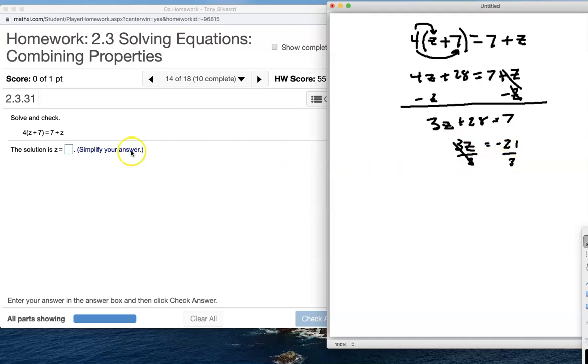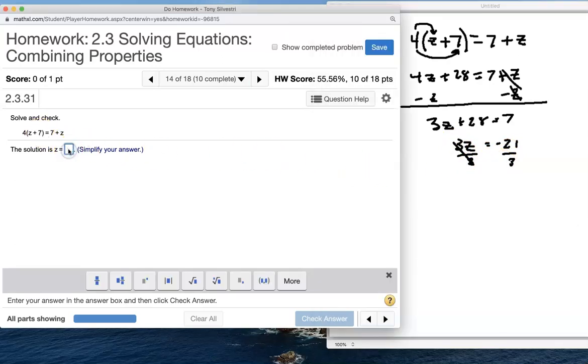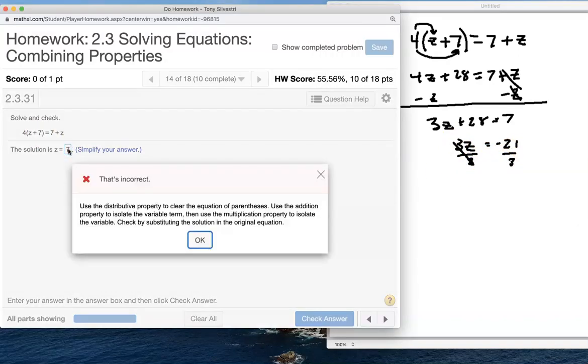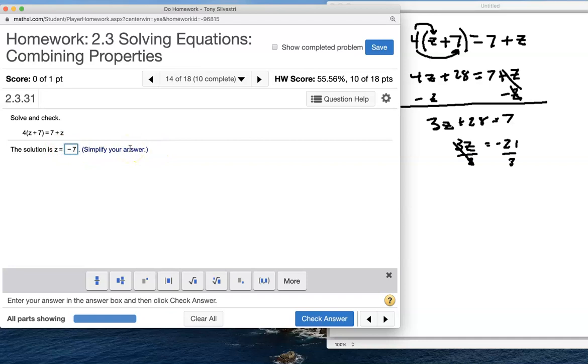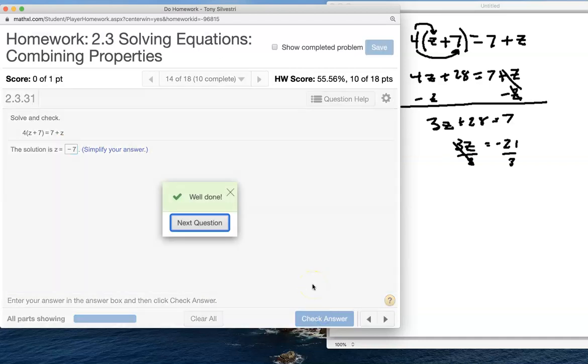Negative 21 over 3 is 7. Whole number. I'm going for it. Yes. Bingo. Not right. See, I'm showing off. It's negative 7. Sorry about that. Negative 7. Check your answer. Nice. Okay. So it's a good thing that you have multiple tries on these homeworks.